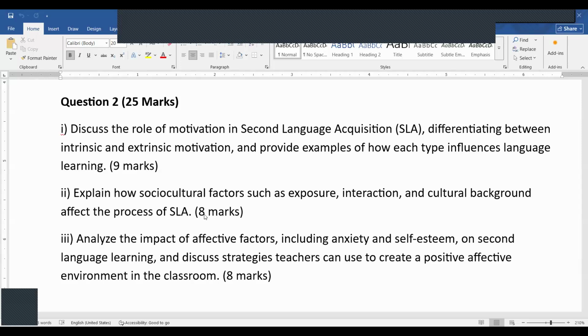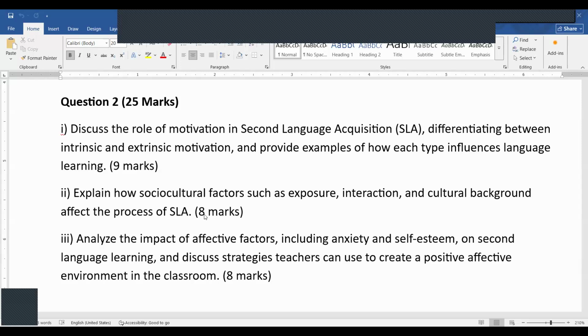Then simply you can say how both types influence language learning. If a student is intrinsically motivated towards language learning, the particular learner can easily learn a language because the learner is learning it out of his own desire.